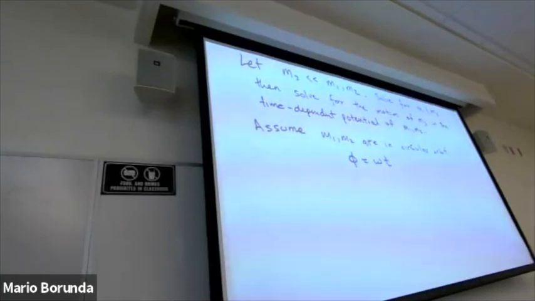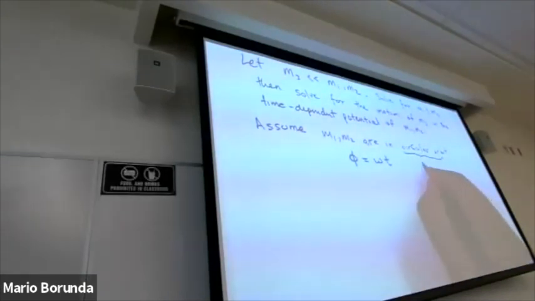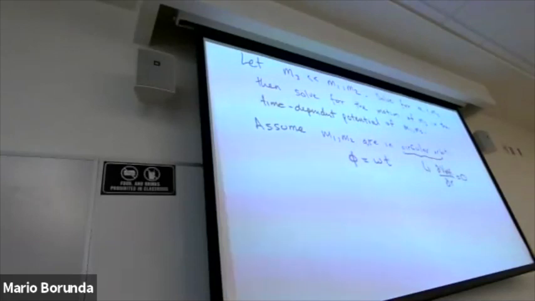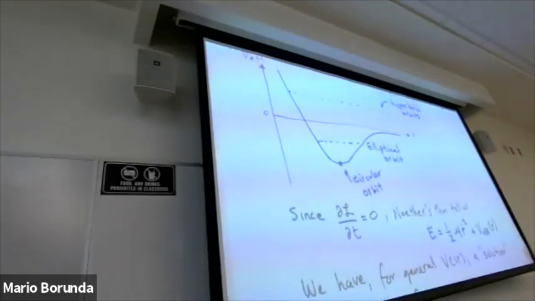Because it's a circular orbit, that means you have an effective potential, and its derivative with respect to r is given by 0. So that's looking at that particular point in the circular orbit, right? That's the assumption here.